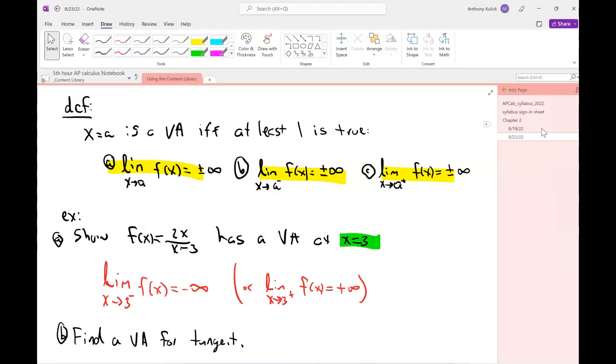So really when we're searching for these vertical asymptotes, we're just going to look at the right-hand and left-hand limits primarily. That's enough. I don't really need to know what the actual limit is.